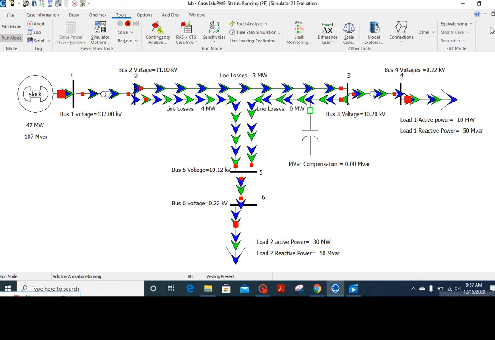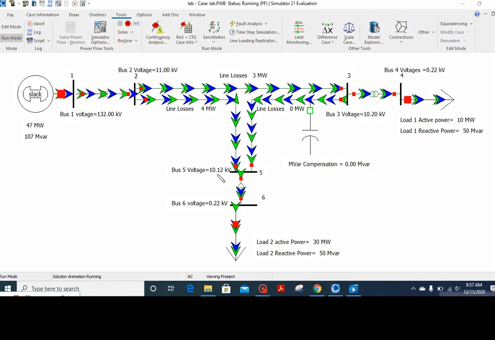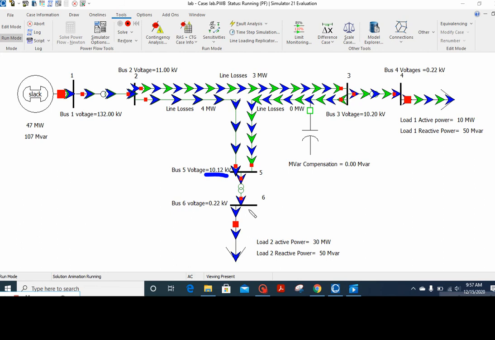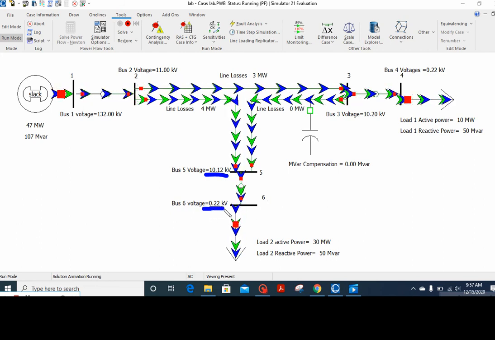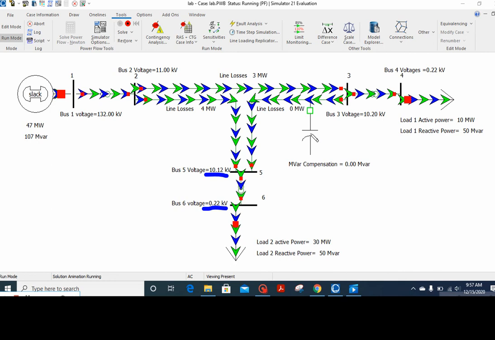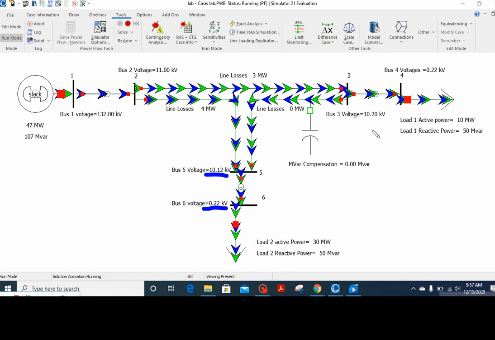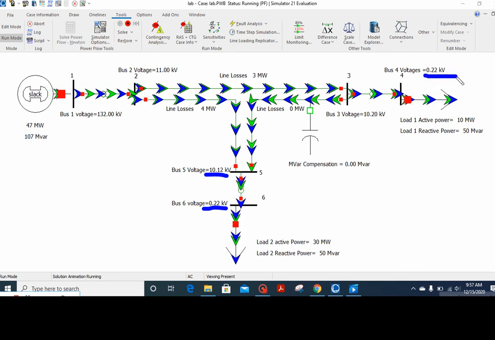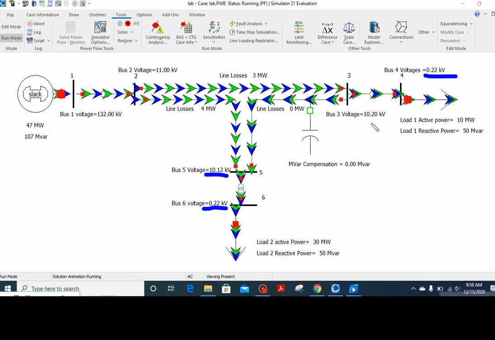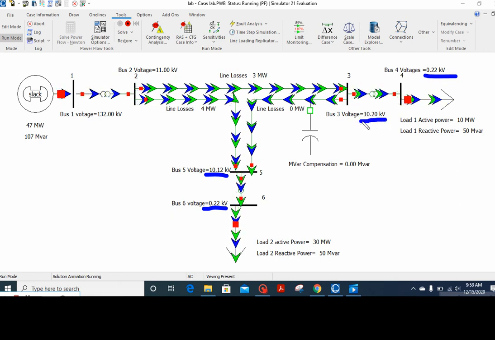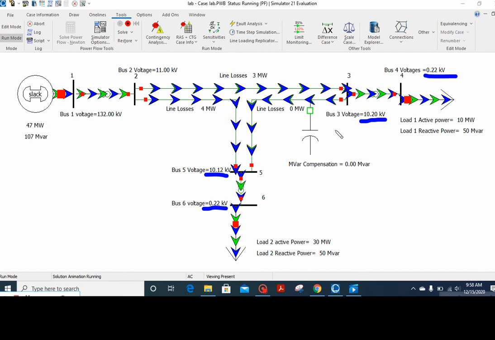The other thing we can see is our bus voltages. Our voltage on bus 5 is 10.12 kV. On bus 6 we were rated 0.23, but we are getting 0.22, meaning 10 volt drop here. Same here, we are getting 220 volts, and here 10.20 kV.